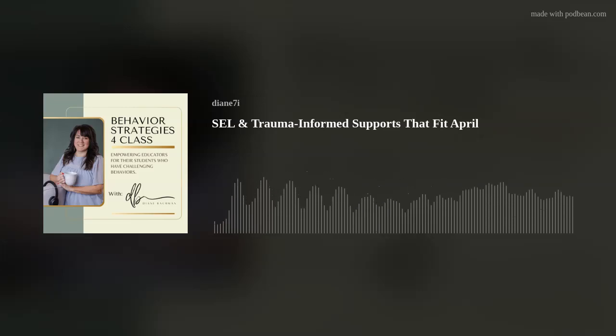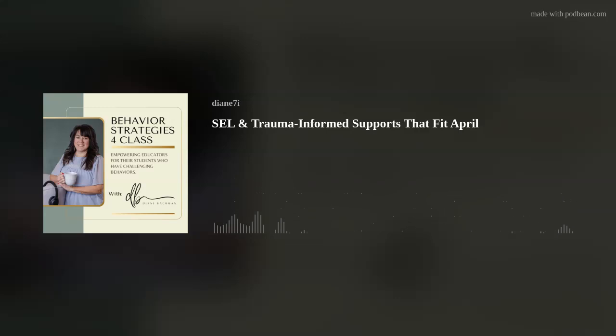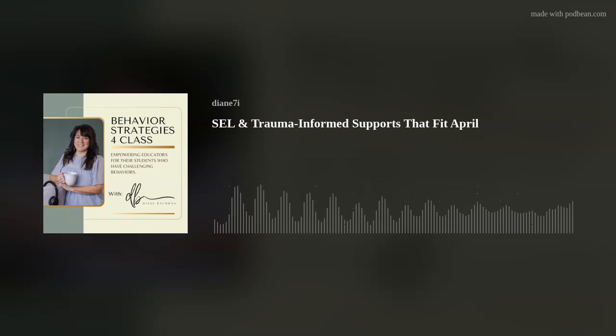Just keeping those calm things going really does make a difference. And also, again, playing that soft music. I know a lot of teachers use that when it's writing time, or finishing up a project. And she's like, I want to hear the music, I don't want to hear you talking. So that's just a reminder too for their voice level as well.